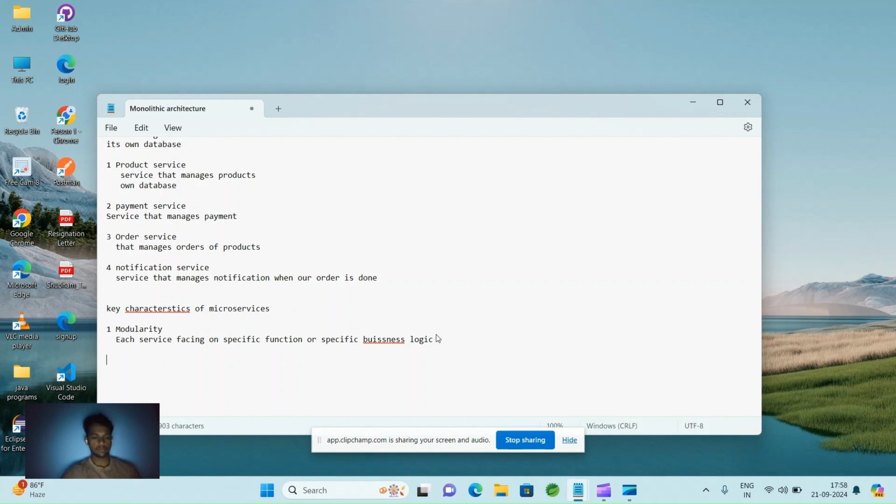So second is independence. Each service is independent. They cannot depend on each other. Like we can develop the product service and payment service separately, and we can develop them in various languages.